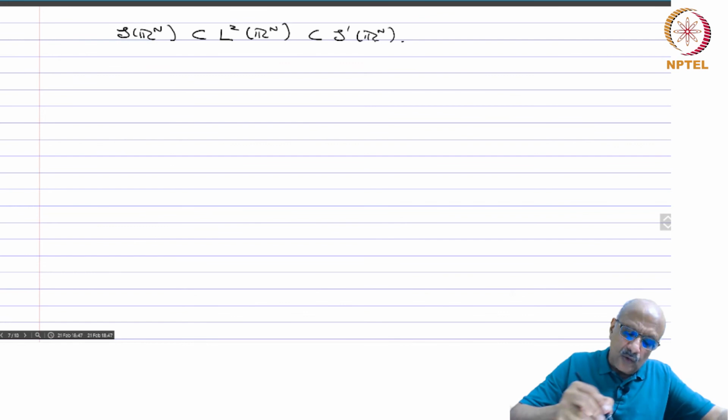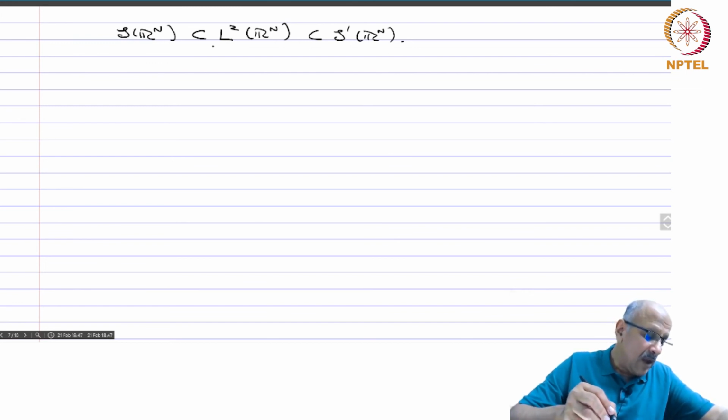So on L2 you have two definitions of the Fourier transform, one considering it in S dash, the other got by density, namely the isometry P, which we defined last time using the Fourier inversion formula, and therefore we want to know if these two are the same.